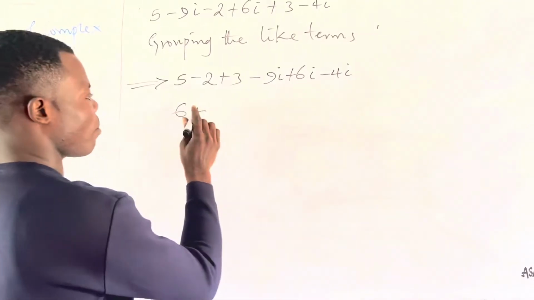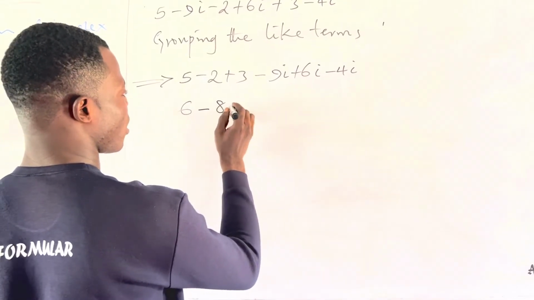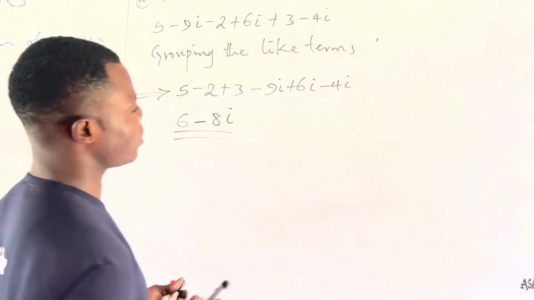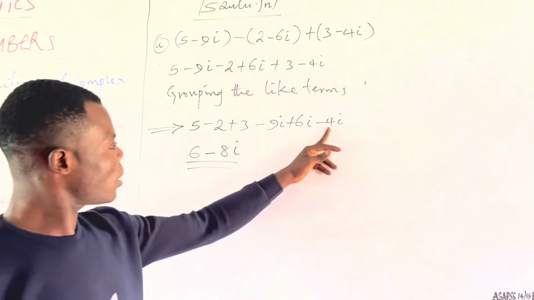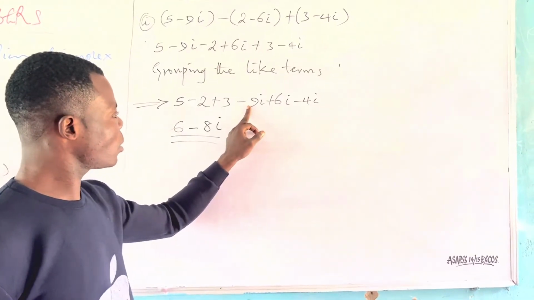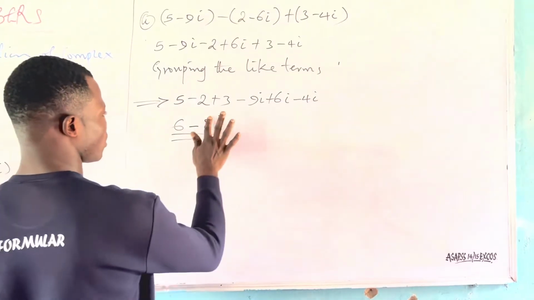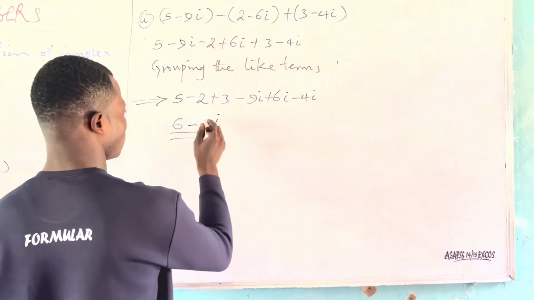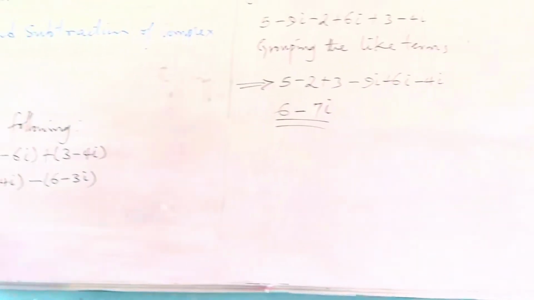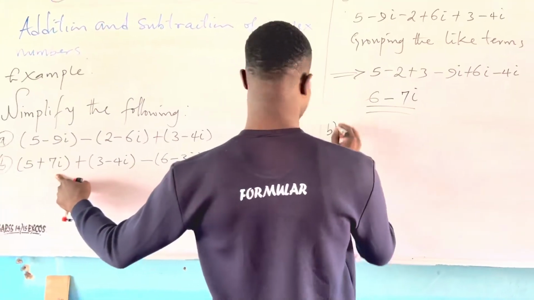Will give us a minus 7. So this will be our answer: 6 minus 7i. Sorry, so this is 7.